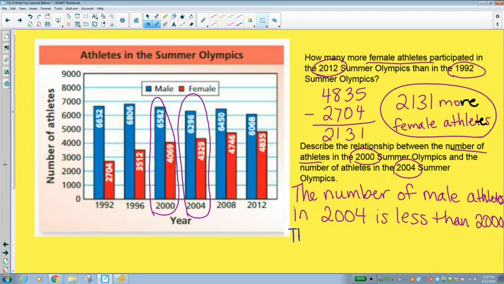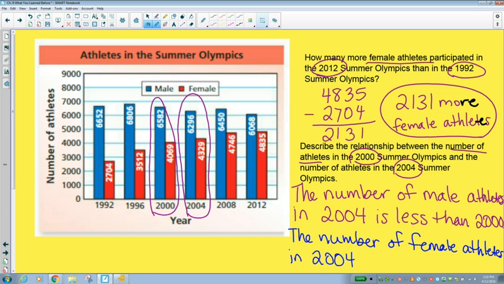So I could say the number of female athletes in 2004 is more than 2000. And again, I could calculate the exact number by simply subtracting and writing that in there.